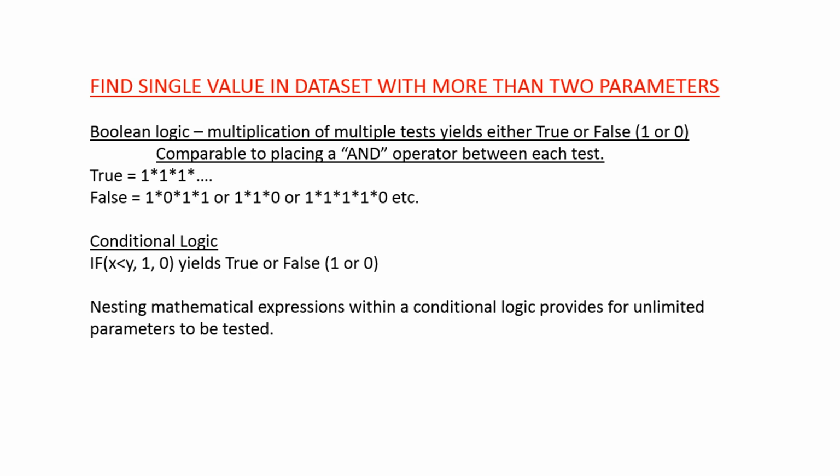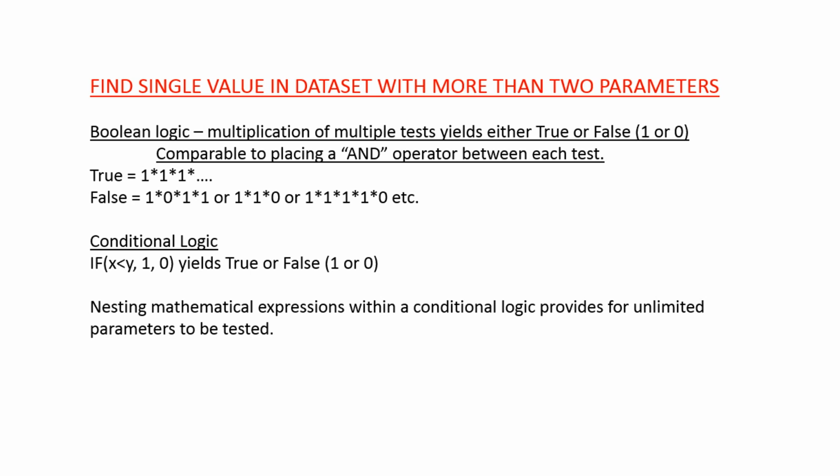This is very comparable to having two logical tests with an AND operator between the two tests in Boolean logic. In that particular case, in order for the formula to be true, both conditions have to be true on both sides of the AND.